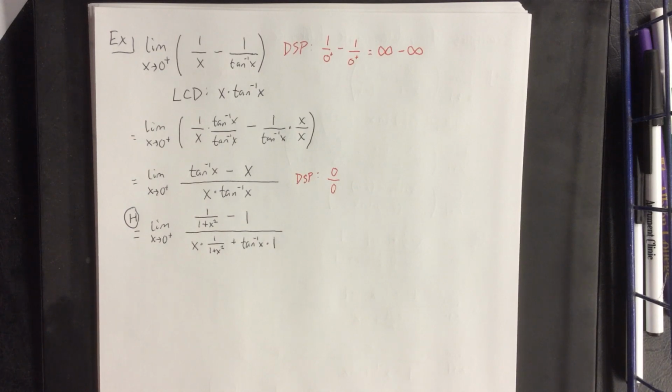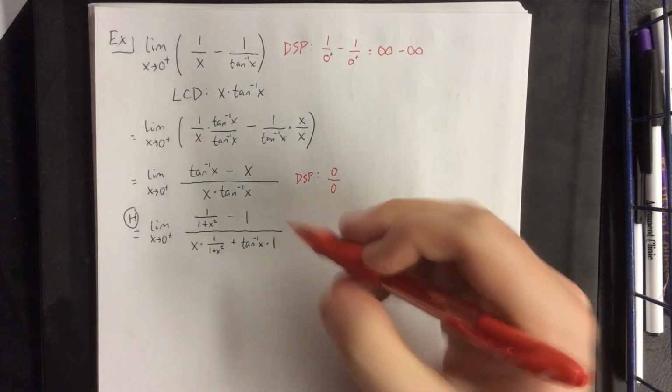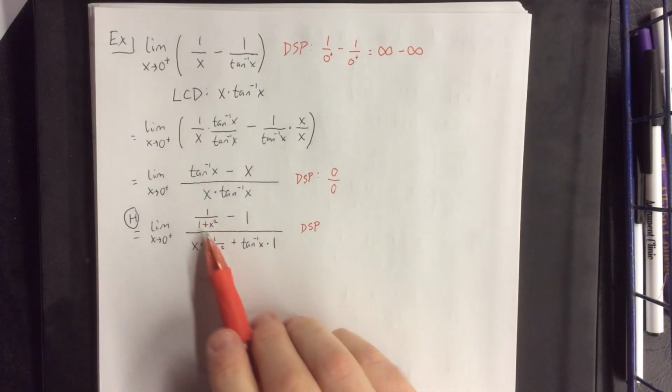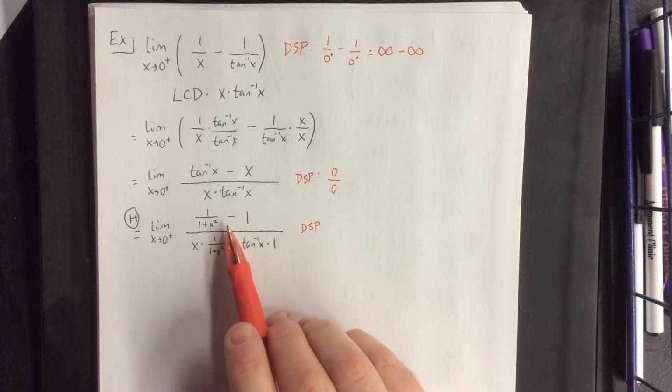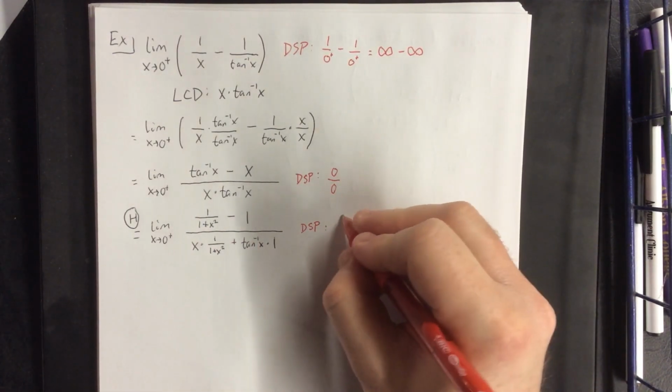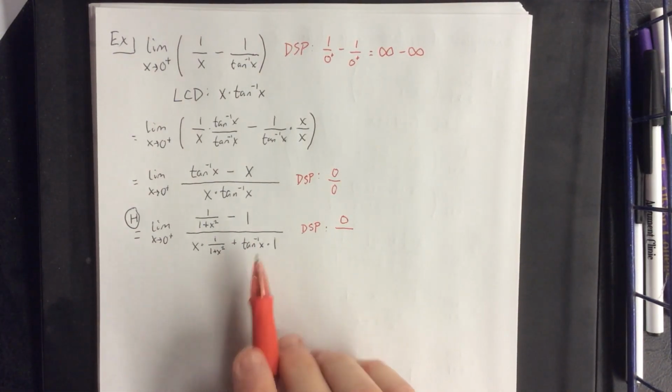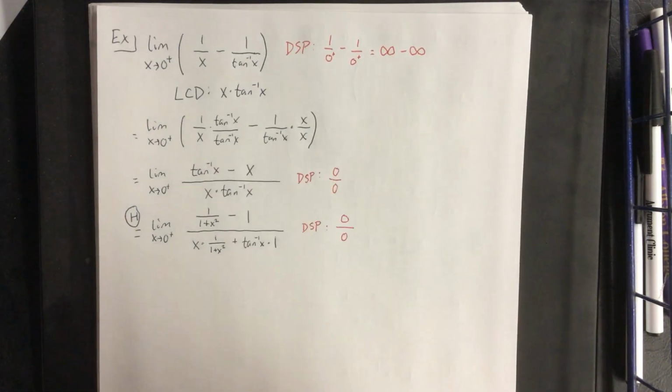This is going to give us some very gnarly fractions inside of a fraction. I would also like to point out that if we attempted to use the direct substitution property once more, your numerator is going to wind up being 1 over 1 minus 1. That is still 0. Your denominator is 0 times 1 plus 0. That will still be 0.